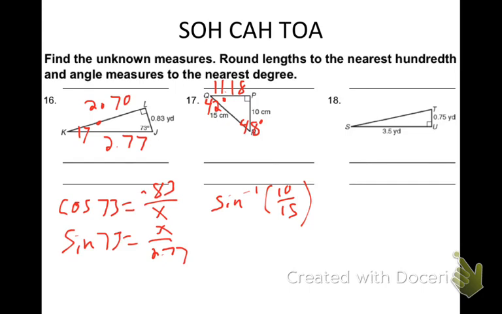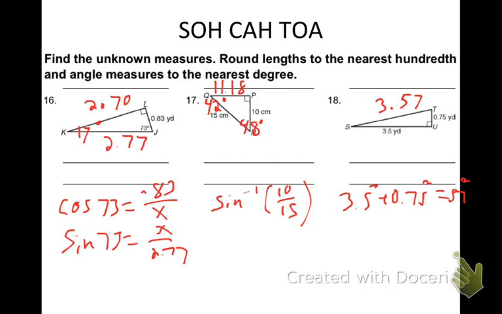What can I find right away, Bryce? Side ST. What is ST? 3.57. How'd you find that? 3.5 squared plus 0.75 squared equals ST squared. Nice job. Now that I have that, I can find any angle I want to. What angle would you like to find, Ryan?